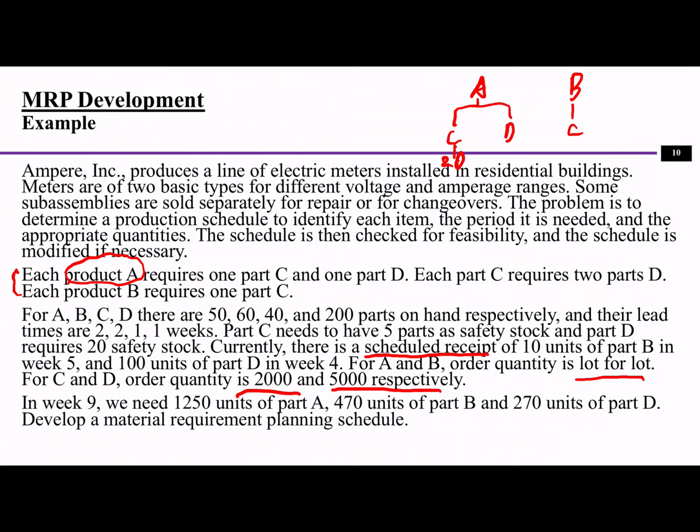Or sometimes they work on Kanban parts and want to make some extra parts for buffering. These are the kinds of situations that might create a scheduled receipt.